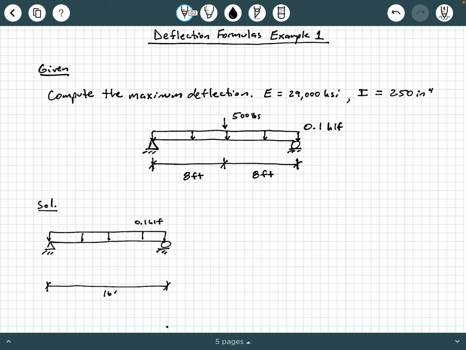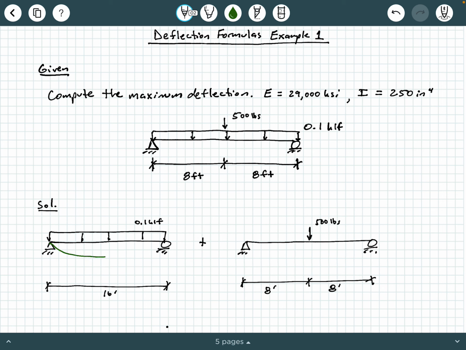Then we can add its effects to a simply supported beam with the same geometry. There's that 8 feet and 8 feet with 500 pounds right in the middle, okay? And so what we have here is the idea of superposition.